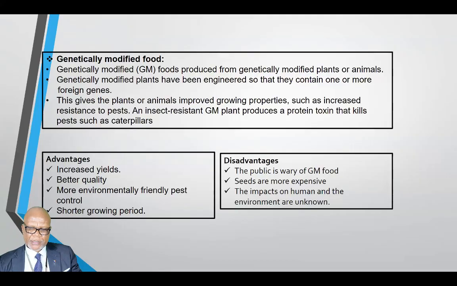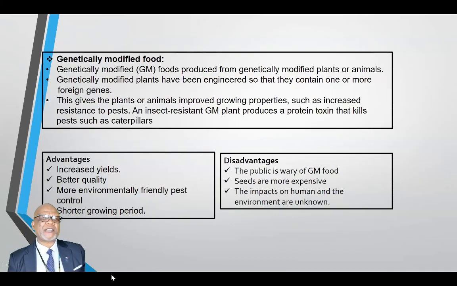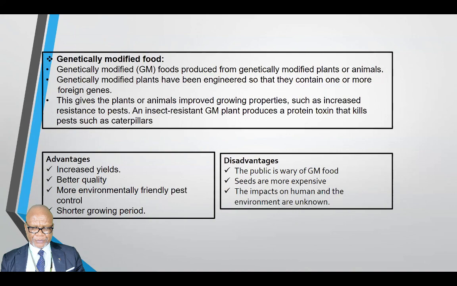Genetically modified plants have been engineered so that they contain one or more foreign genes, so that this gives the plant or animal improved growing properties, which means animals can grow faster and crops can grow faster as well, and with little amount of water, and animals can have resistance to diseases and harsh conditions.